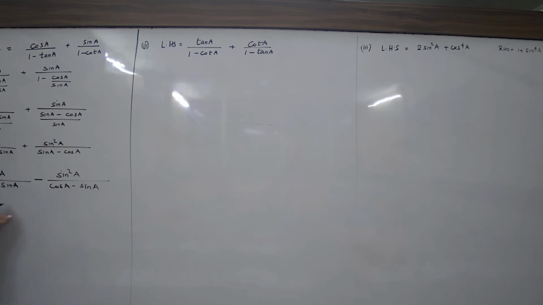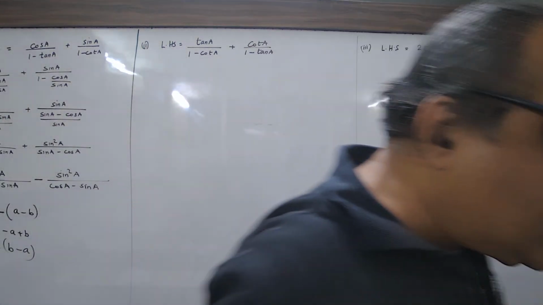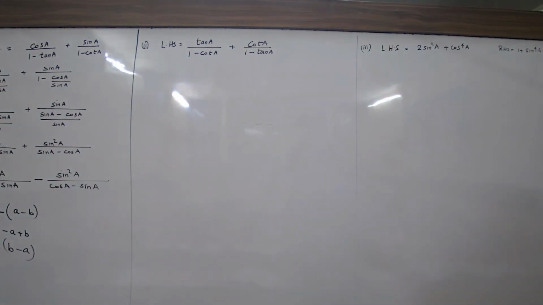Look children, pay attention. If I have a minus b and I put a minus sign outside it, what happens? Minus of a plus b, so does it not become b minus a? So if I want to convert a minus b into b minus a, I will do it by putting a minus sign outside. Yes or no?